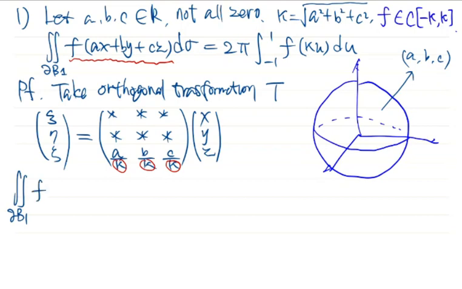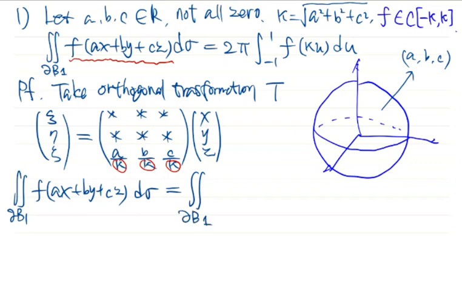f of ax plus by plus cz. Under this orthogonal transformation, the unit sphere, that is the boundary of the unit ball, is transformed into itself. Therefore, the image surface is still the unit sphere.